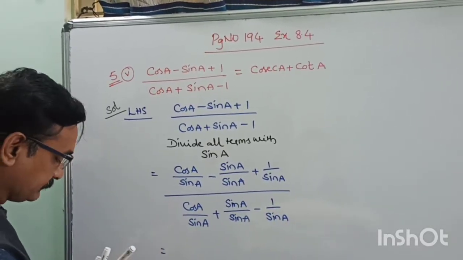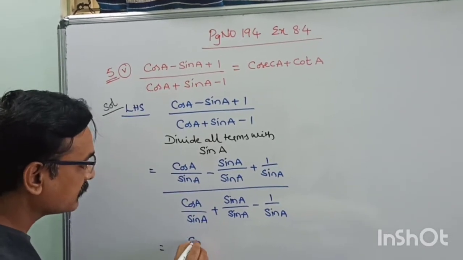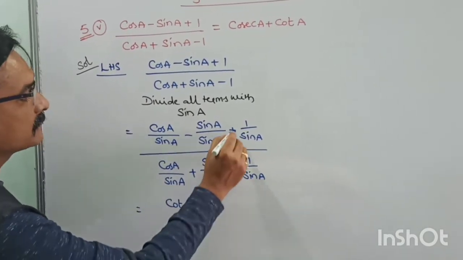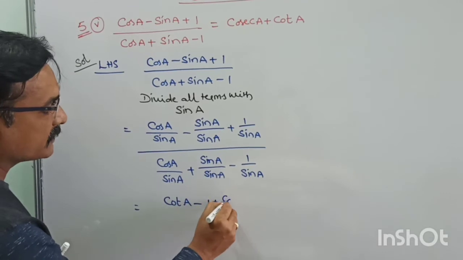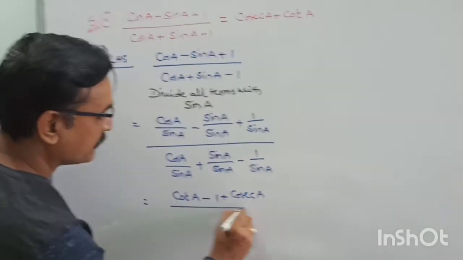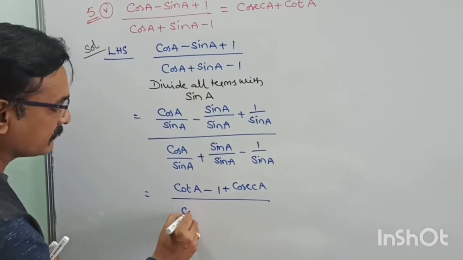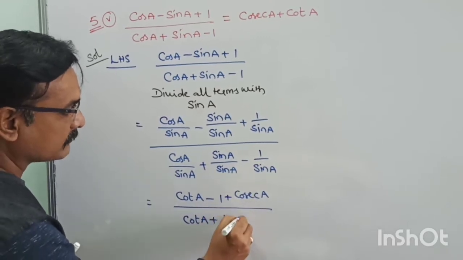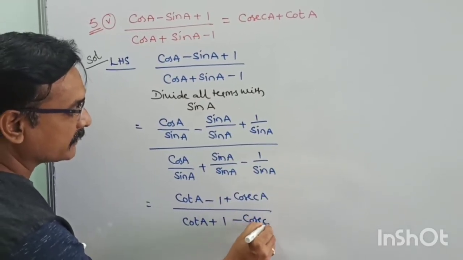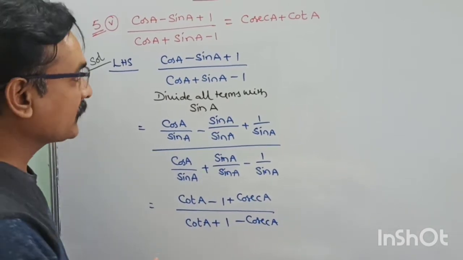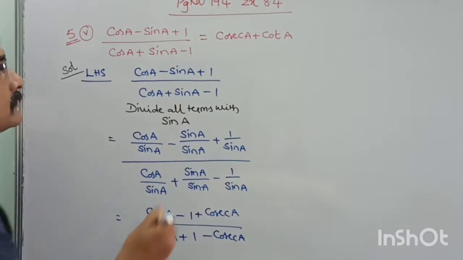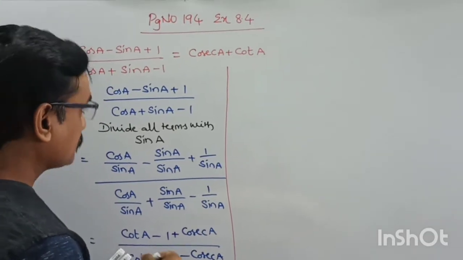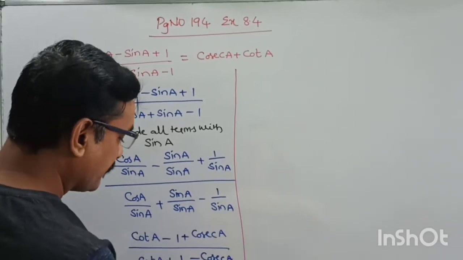Now we can write cos A by sin A is cot A, minus sin A by sin A, which is 1, plus 1 by sin A, which is cosecant A. In the denominator, cos A by sin A is cot A, plus sin A by sin A is 1, minus 1 by sin A is cosecant A. Now the denominator we don't change anything.